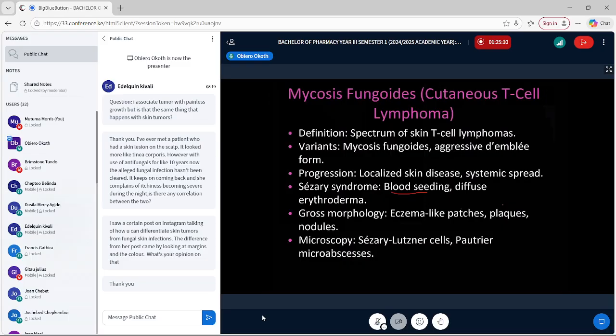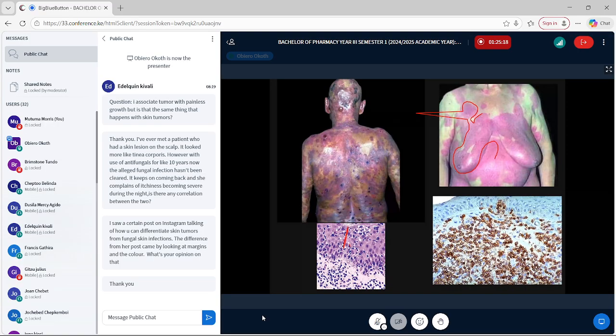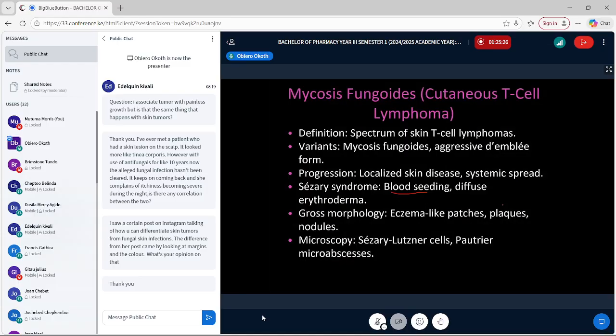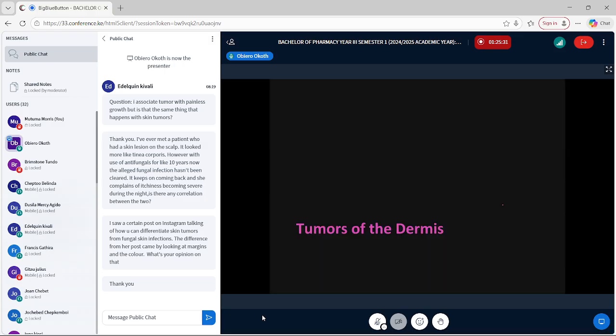So it's the abnormality of CD4 T cells infiltrating the skin. This is mycosis fungoides. When it goes to blood, the term we use is Sézary syndrome. That's the leukemic form of it.